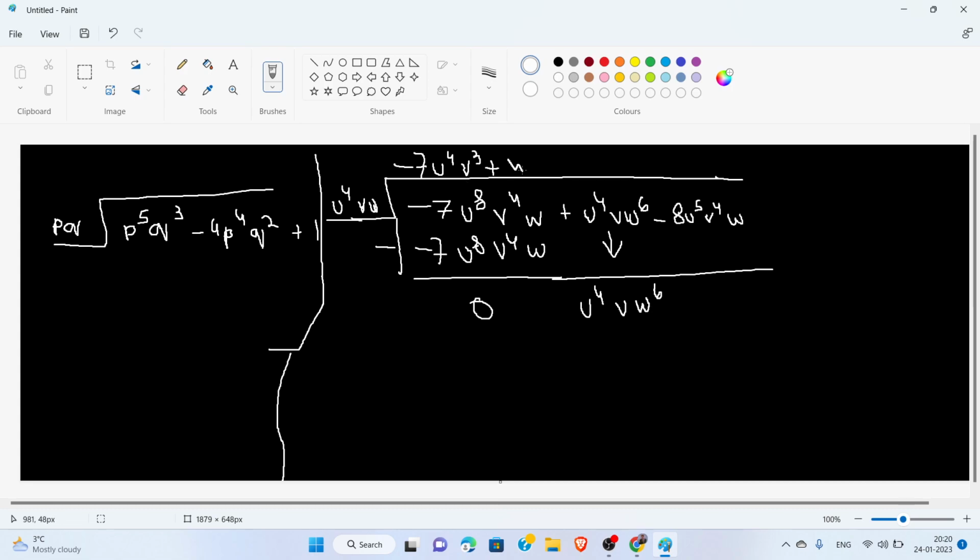So I'll just write w to the power 5, and I'll subtract this now again, so I get 0, right? And I'm going to drop this down again, so minus 8 u to the power 5 v to the power 4 w.